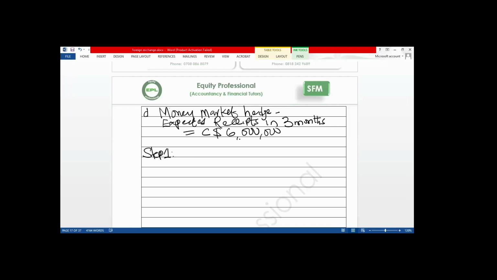If I want to hedge with money market, I'm going to create an equivalent foreign liability. You know the choice is between borrowing and lending. For me to hedge, because I'm expecting $6 million foreign receipts, as a company that is an asset to me, a foreign asset.